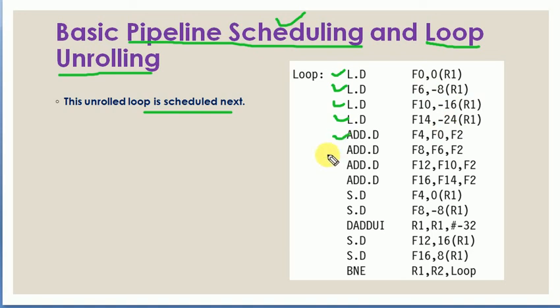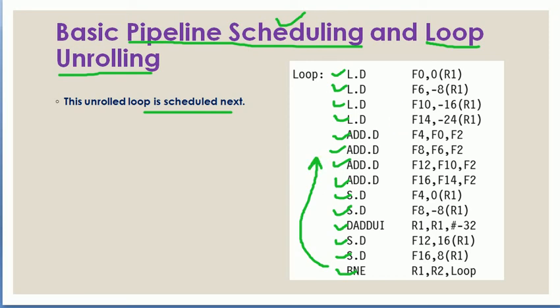Then it will do all the add operations. All these are independent statements. Then it will do store. After the store, it will do double add unsigned integer. Then it will do the store operation. Then it will do the branch on not equal to condition. So it is just reordering or scheduling the already given set of instructions that is in a loop unrolled format.